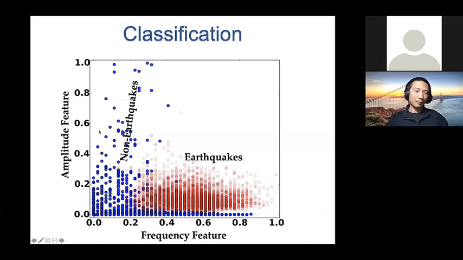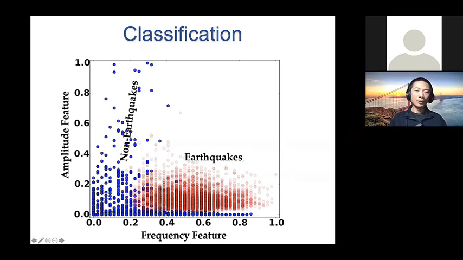Or there are some very large amplitudes here, but the frequency is really low. Low frequency means the phone moves relatively slowly. This is due to a human running or walking. Usually the acceleration amplitude is really large, but the frequency is relatively small.